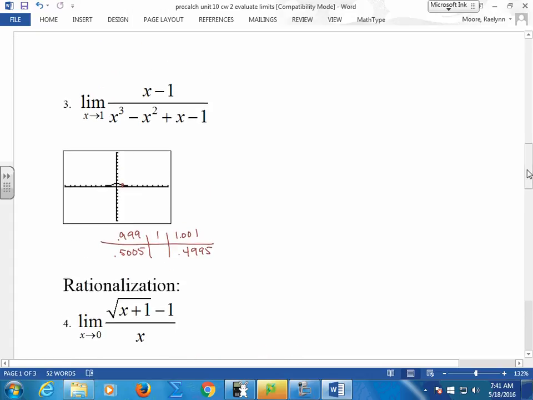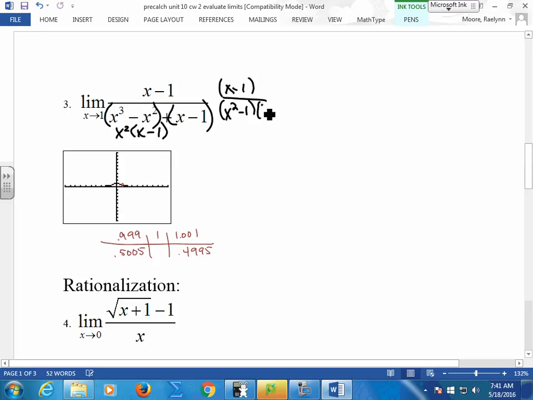Here's one. You can confirm it on your graph. You can factor this if you like into your perfect square factors, or group this actually. You can group this. So now you can take out 1. You can factor this again if you want to. So this point is removable.